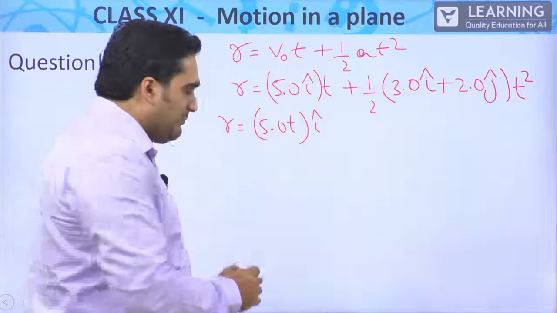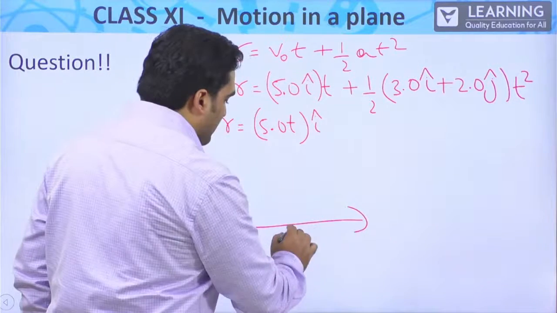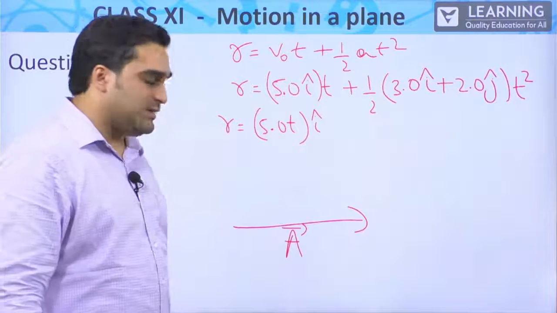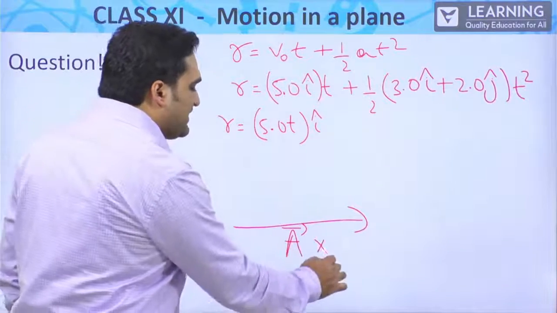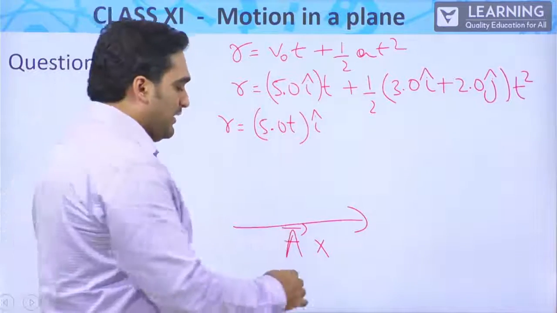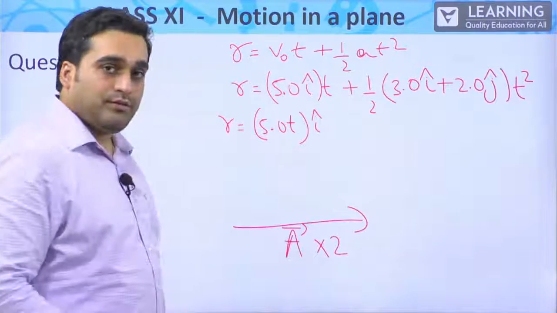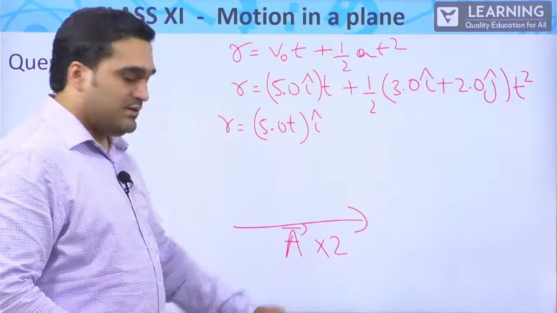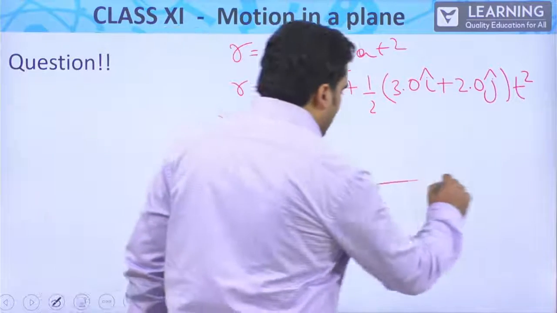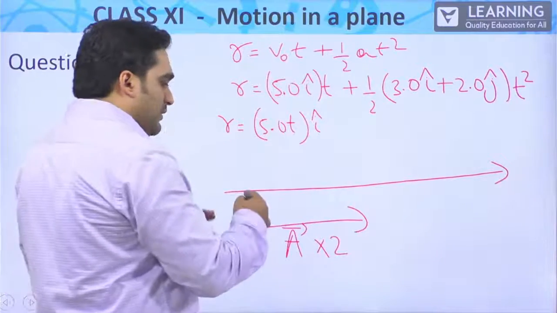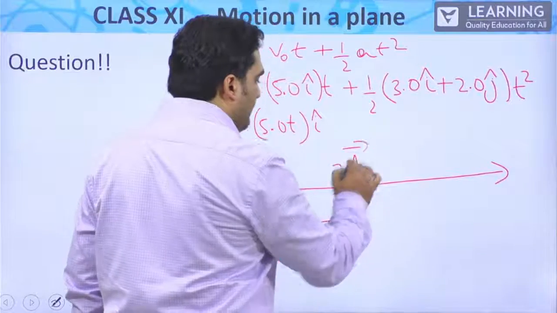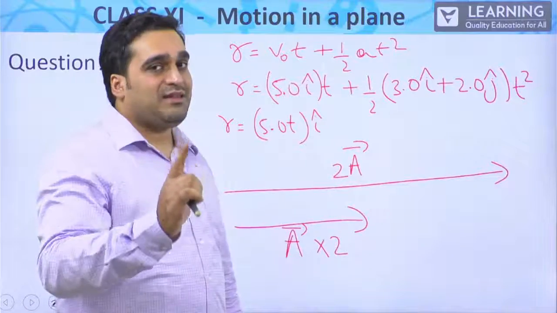To give you an example, let's say this vector represents A. When I multiply it by a scalar quantity like the time, let's say 2, a constant with magnitude 2, the length of the vector becomes larger, 2 times A, but the direction will remain the same.